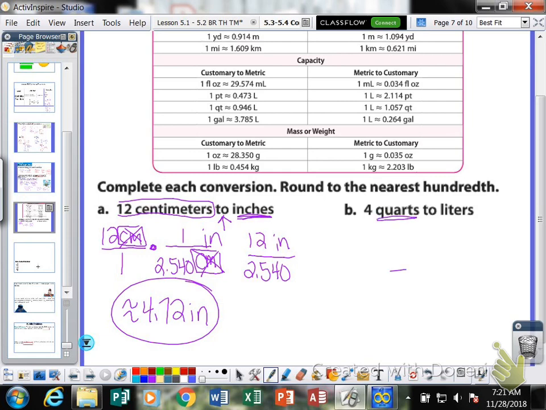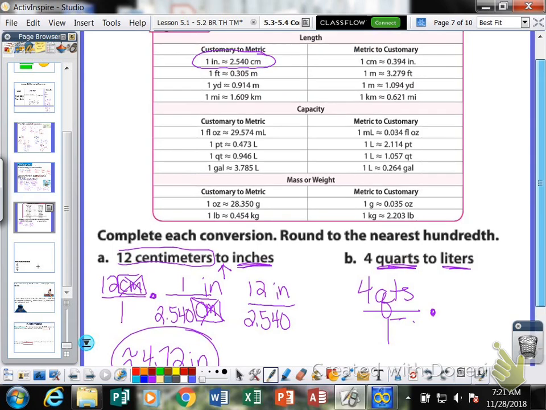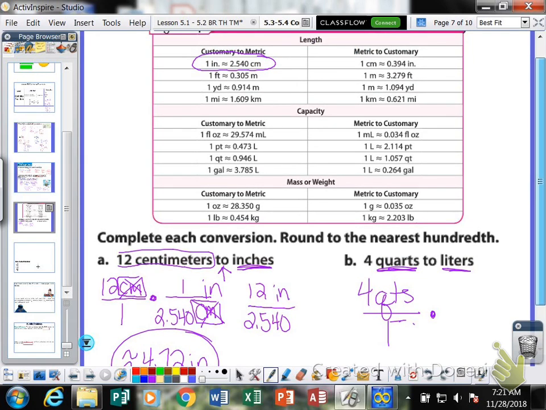So I'm going to go from quarts to liters. So I have 4 quarts, QTS, over 1. I always put it over 1. Now, can I go from quarts to liters?